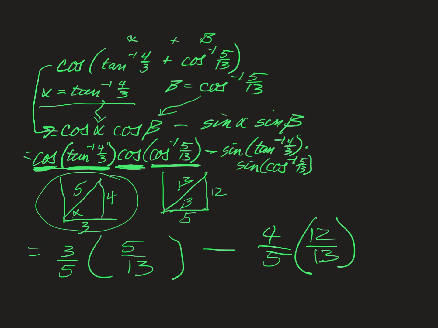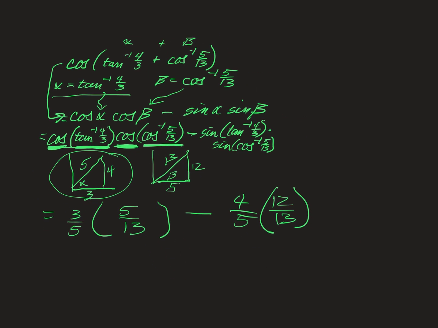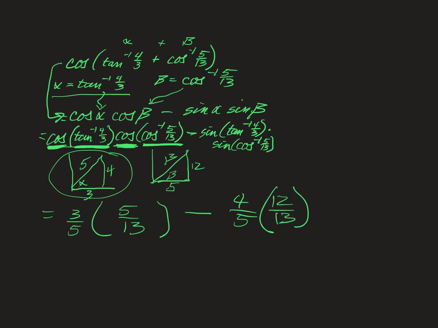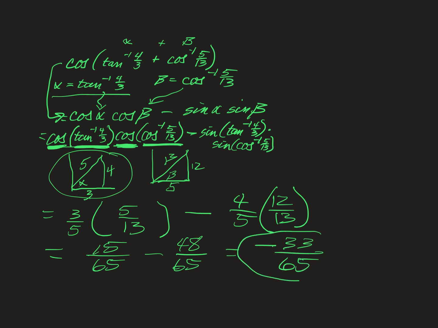And so all I need to do is multiply these out, collect some like terms. 15 over 65 minus 48 over 65 is equal to a negative 33 over 65. And there's our solution.